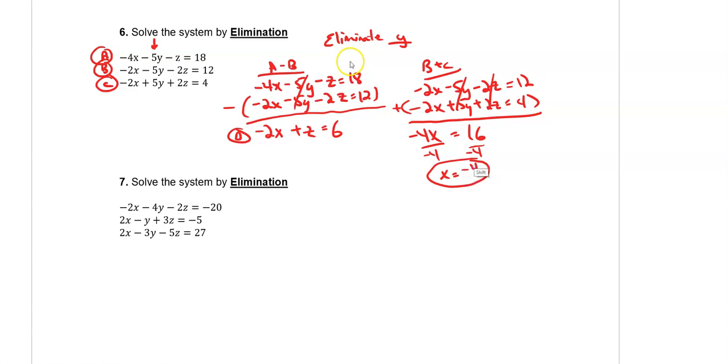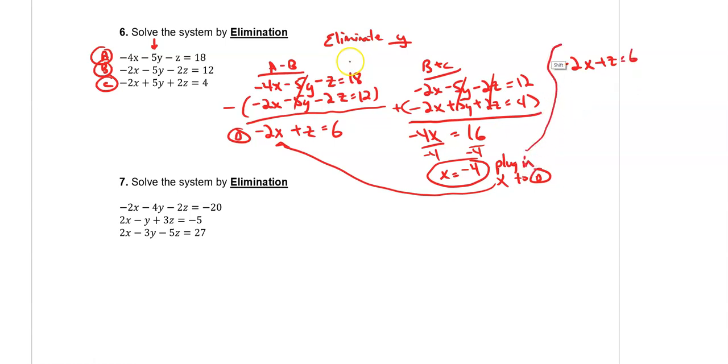All right, so my next step is I'm going to plug this in over here to D. Plug in x to that D formula. And what do I get? Let's write the D formula over here. Negative 2x plus z equals 6.